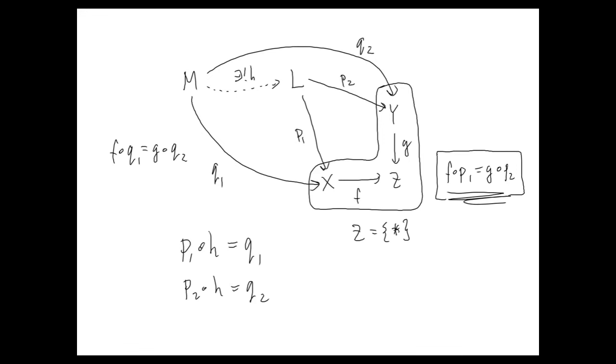Yeah, so those will be equal because they're maps going into the singleton set, and there's only one element there, so all the values will always be equal. But that means that we can drop this requirement for that case. But then our definition of limit just becomes the definition of product, right? That's how we define the product of X and Y. It's some object with arrows into X and into Y, such that for any other object with similar arrows, there is a unique h. So when Z is a singleton, this L turns out to be the Cartesian product.